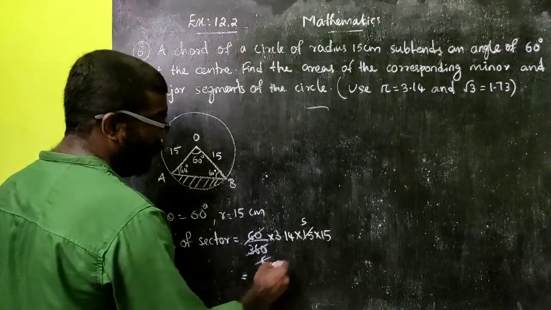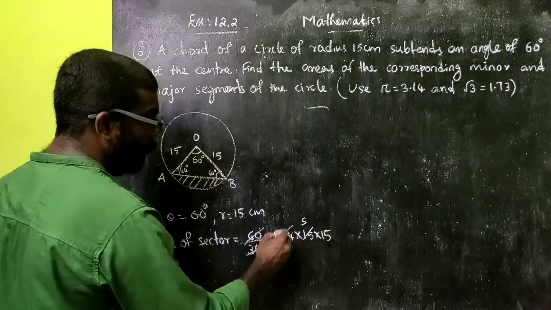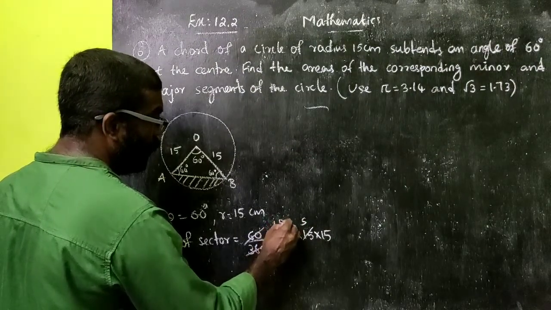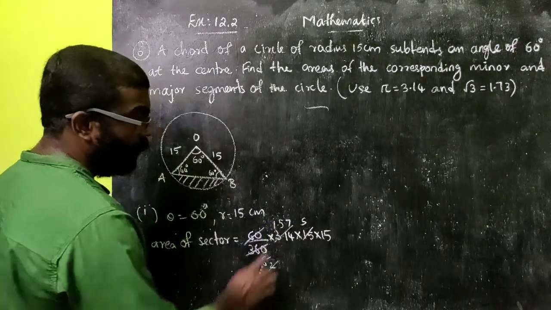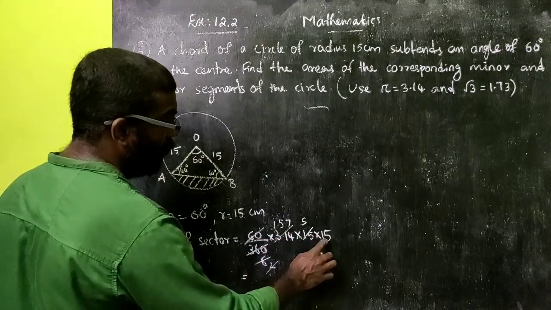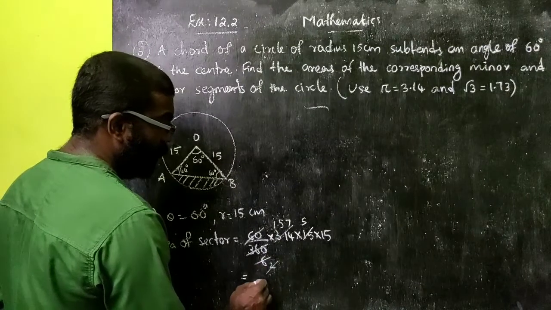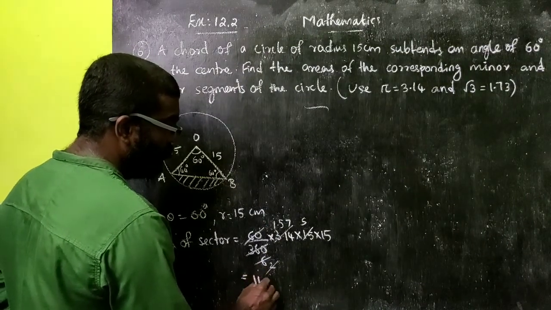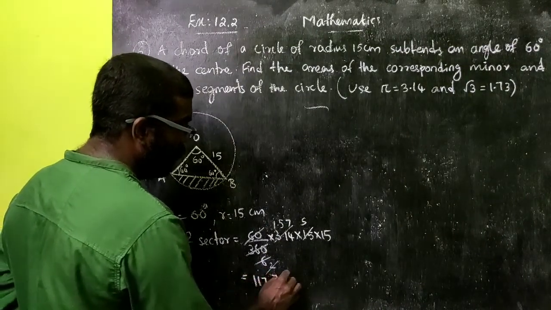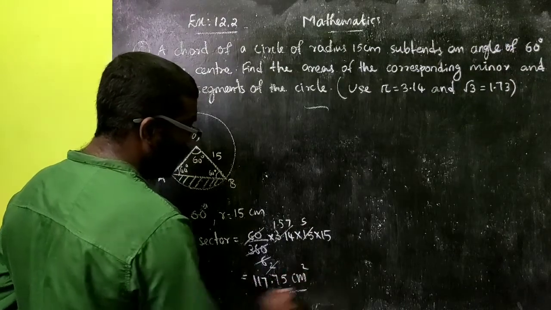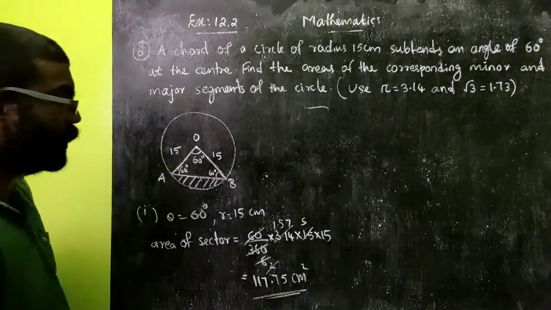Here we can cancel 3.14 by 2, 1.57. Okay, so 1.57 into 15 into 5, 15 into 5 is 75. So after multiplication we get the answer as 117.75 centimeter square.